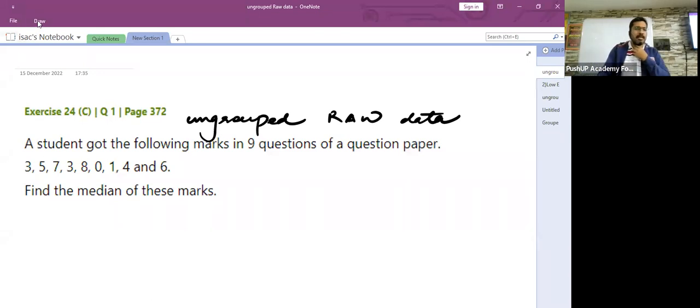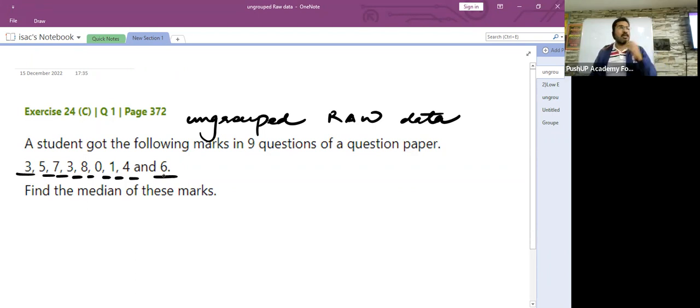So children, here they have given you some raw data. What is this raw data related to? A student got the following marks in 9 questions of a question paper. There is a question paper set for a child and he is attempting that paper. Now, how much is the marks scored by that child in each and every question given to him?